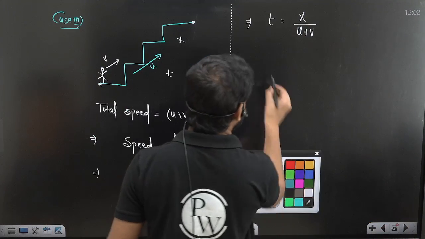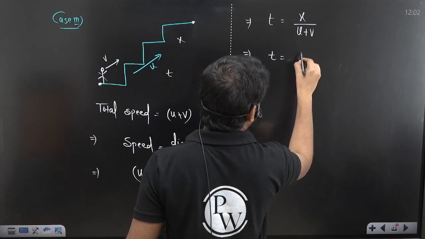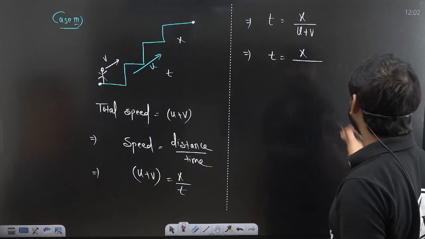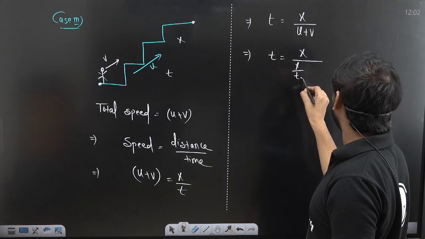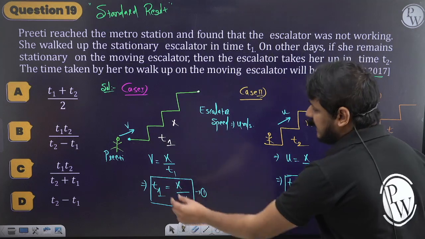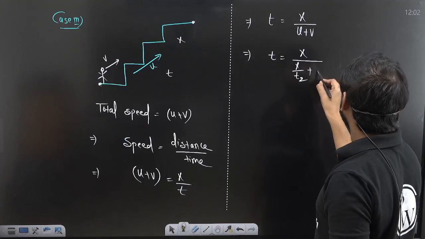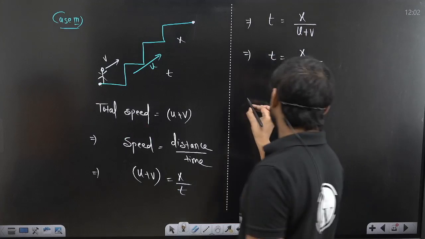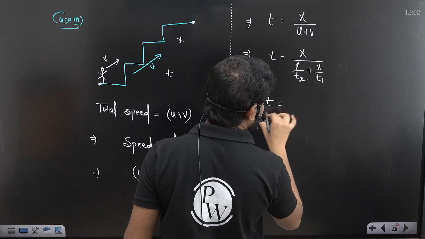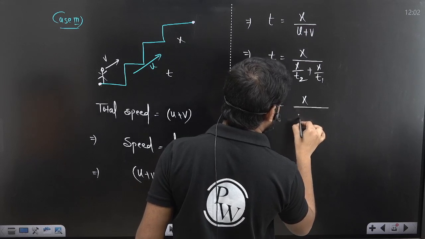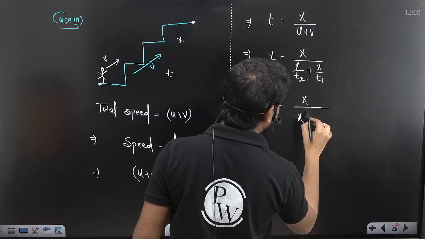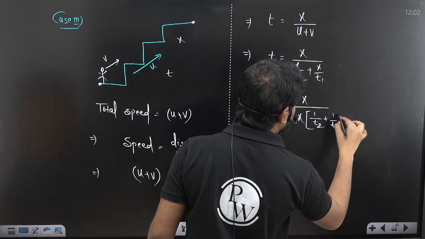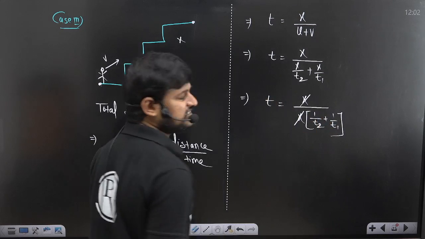So t is equal to x by, in place of u I am writing x by t2, plus in place of v I am writing x by t1, because we need t in terms of t1 and t2 only. Then let's take x common in the denominator, so that 1 by t2 plus 1 by t1, and x gets cancelled.